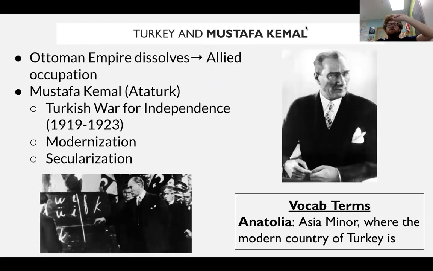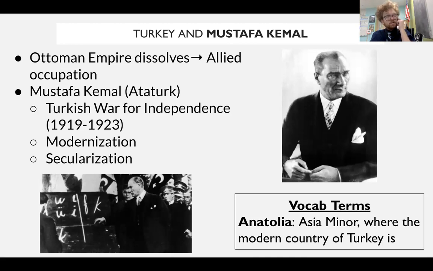So let's first look at a place that is not going to be a mandate, that is not going to have a European presence, largely through the success of Turkish nationalism, and that is, as you can expect, Turkey. Remember, by the end of the First World War, we are going to see the Ottoman Empire basically fall apart. But how does Turkey emerge?